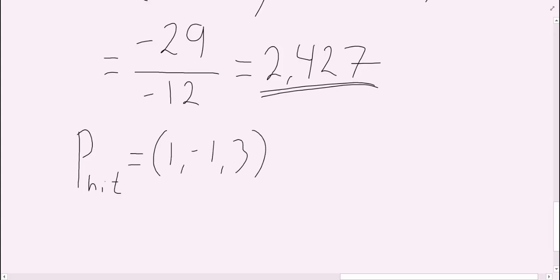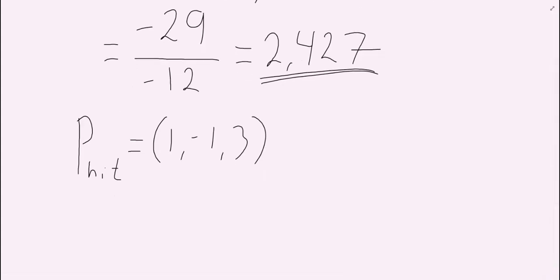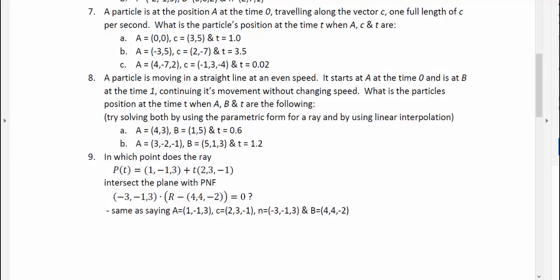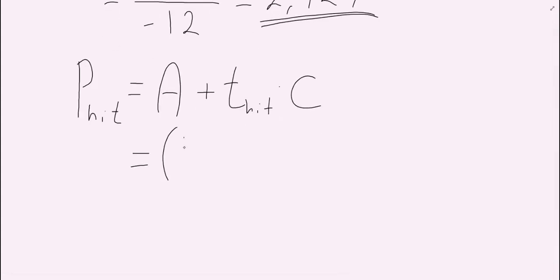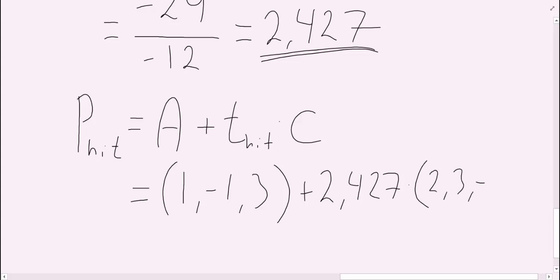Just to write this up completely, let's say equals a plus t-hit times c, which equals (1, -1, 3) plus t-hit, here 2.427, times c, which is (2, 3, -1).